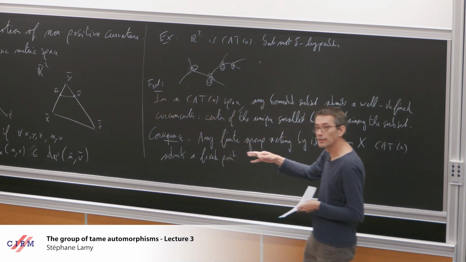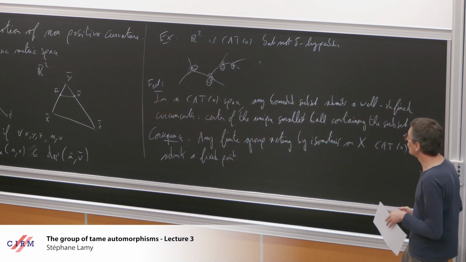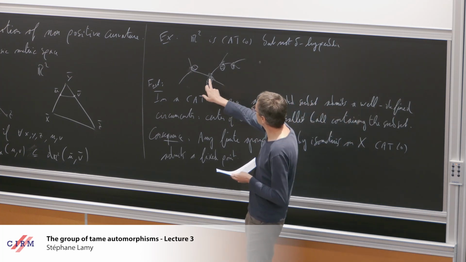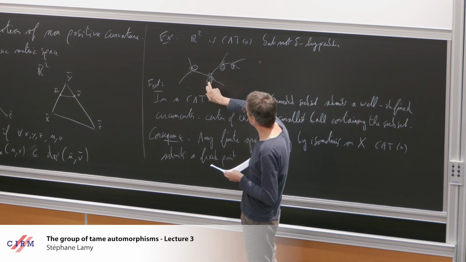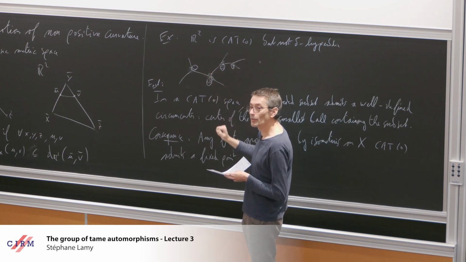Which is not the case for delta hyperbolicity, because you could imagine that you rotate such a small sphere, but the center is not in your space. So you have no fixed point.